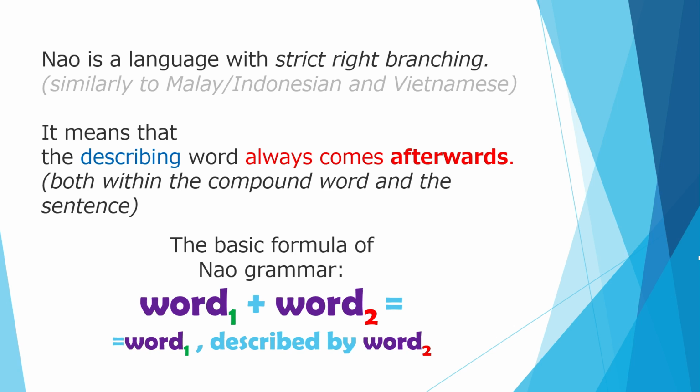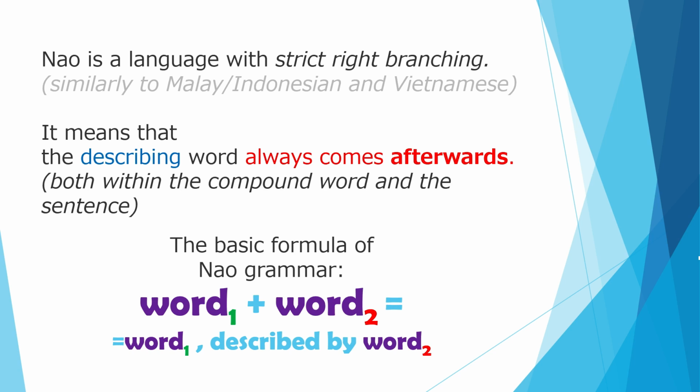Well, first of all, we need to mention that Now is a language with strict right branching. And what that means is that the describing word just always comes afterwards, after the word that is being described.